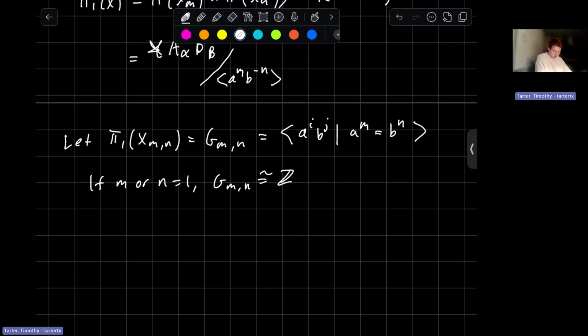To describe the structure, if m and n are both greater than 1, let us first compute the center of the group Gmn.